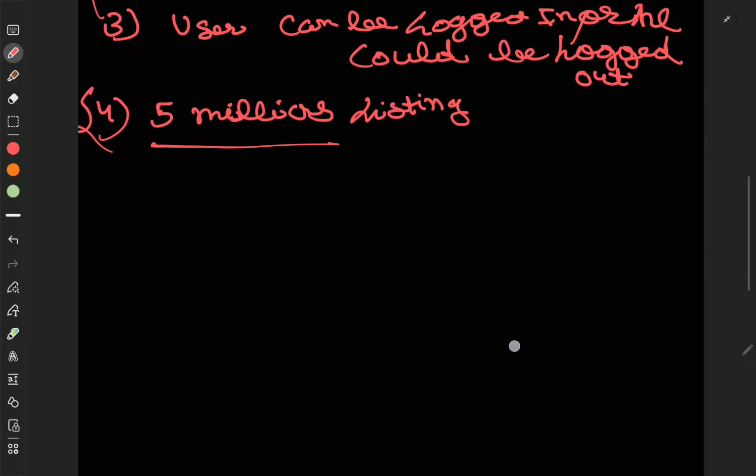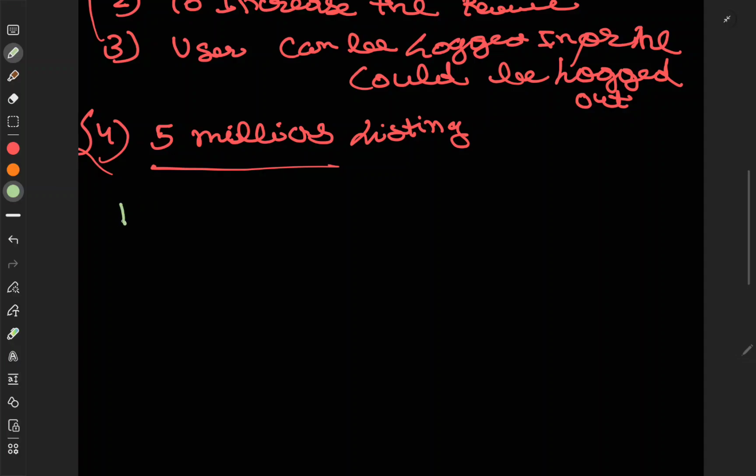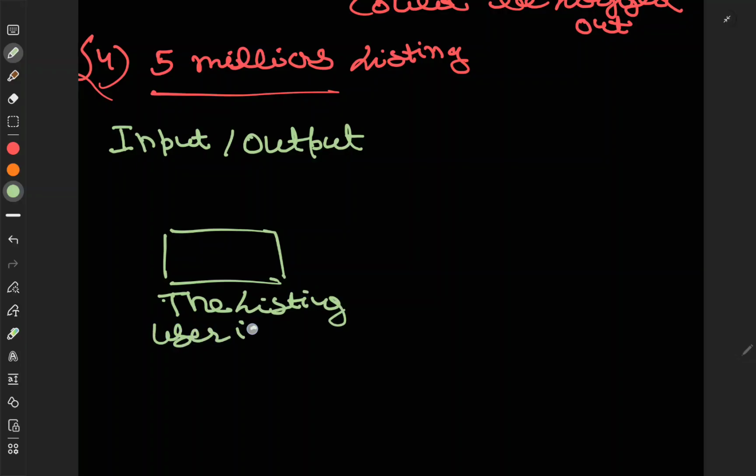Okay, now coming to the next part, that is input and output. So the input is, let's say you are a user and you are seeing a listing. So this is the input, the listing the user is currently viewing.